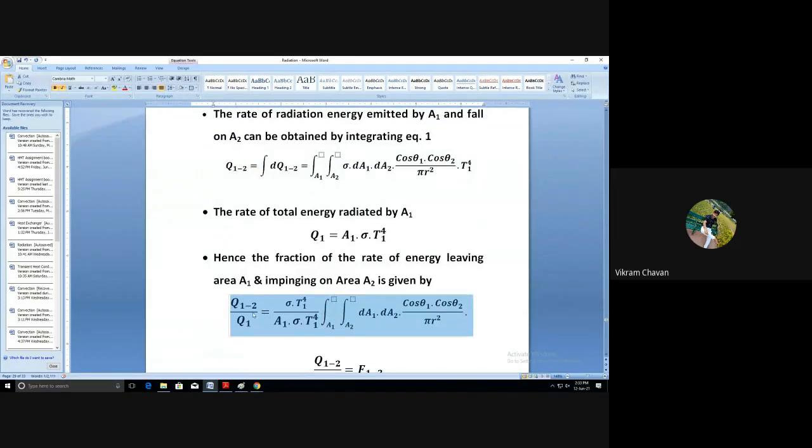Okay, so q1 to 2 divided by q1 will be equal to, so this is the first, this value q1 to 2, and q1 is nothing but a1 multiplied by sigma multiplied by t1 raised to 4.